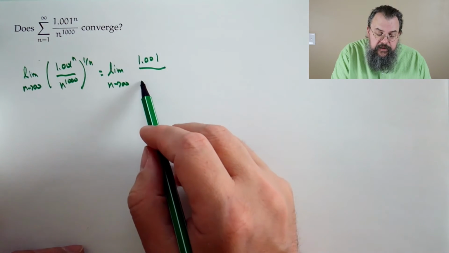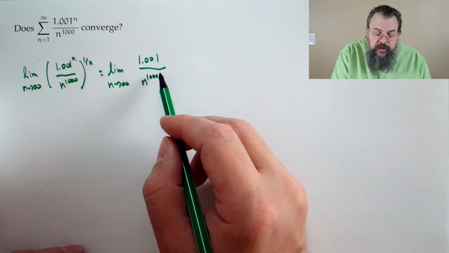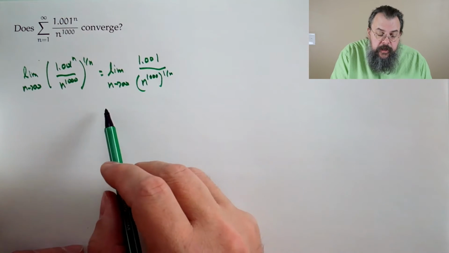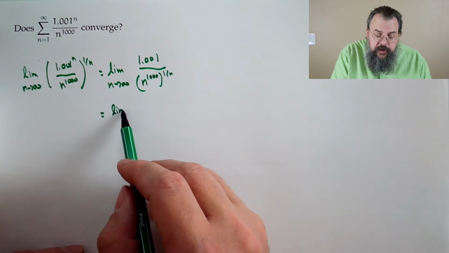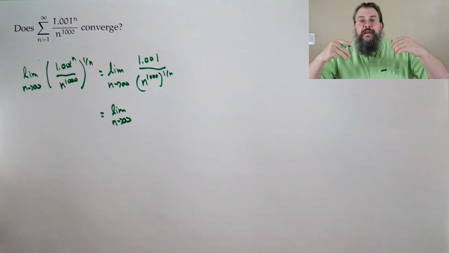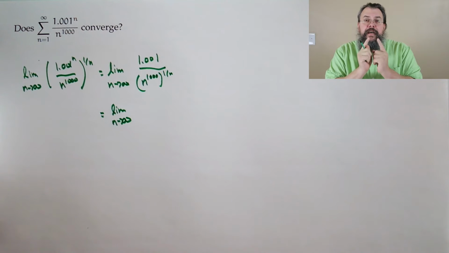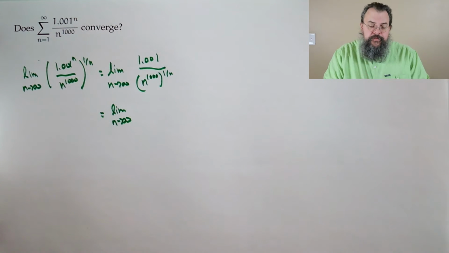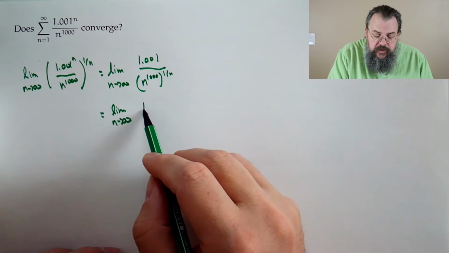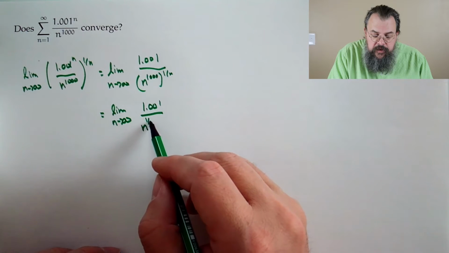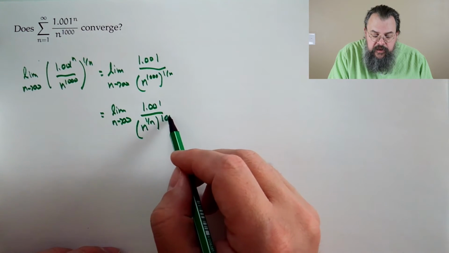Downstairs you have n to the 1,000 to the 1 over n. Whenever you have an exponent to an exponent, you're multiplying the exponents together, so you can take it in any order. So this is really the same as n to the 1 over n, to the 1,000.